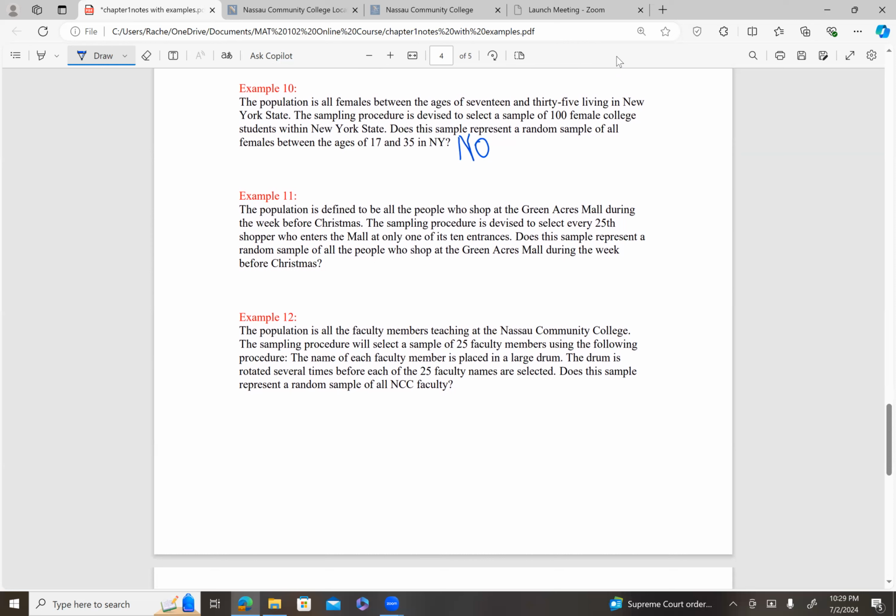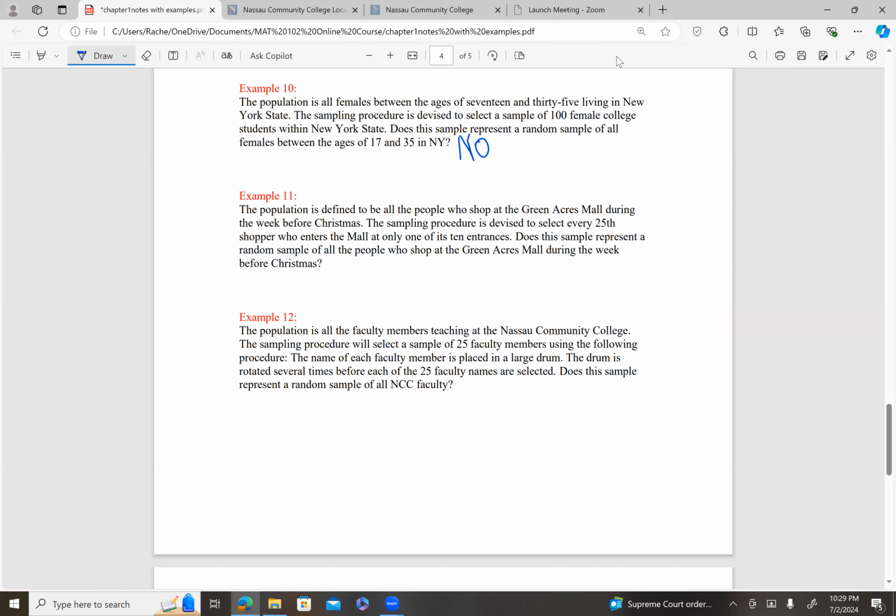Example 11, the population is defined to be all the people who shop at the Green Acres Mall during the week before Christmas. The sampling procedure is devised to select every 25th shopper who enters the mall at only one of its 10 entrances. Does this sample represent a random sample of all the people who shop in Green Acres Mall during the week before Christmas?